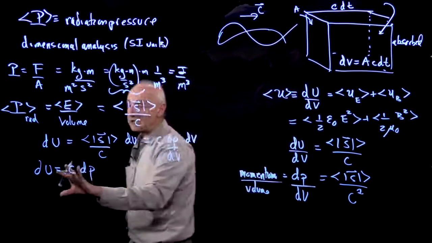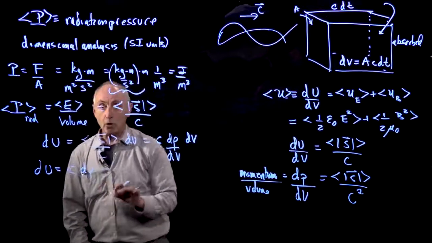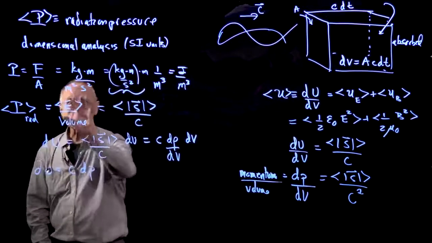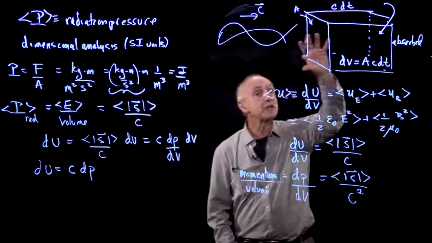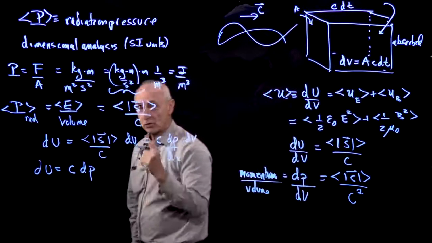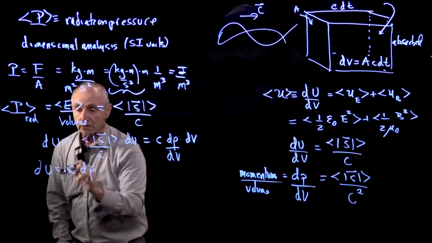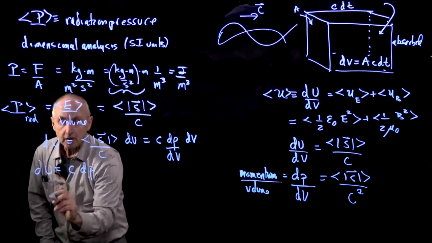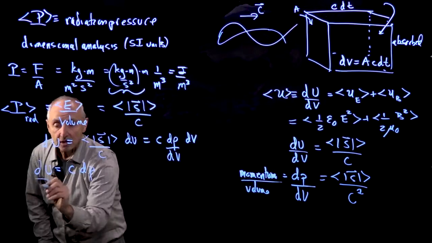Now, given this relationship, we can also try to reconstruct the idea that the momentum transfer into this space is producing a pressure. So the way we'll look at that is as follows. We'll divide our momentum relationship by dt.